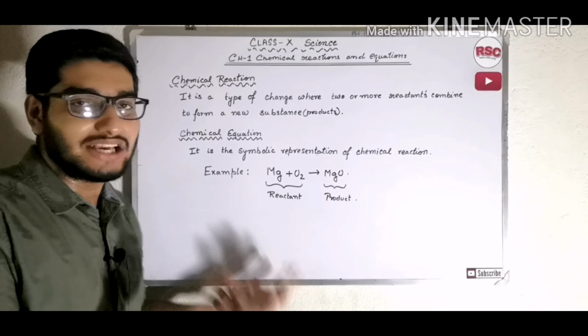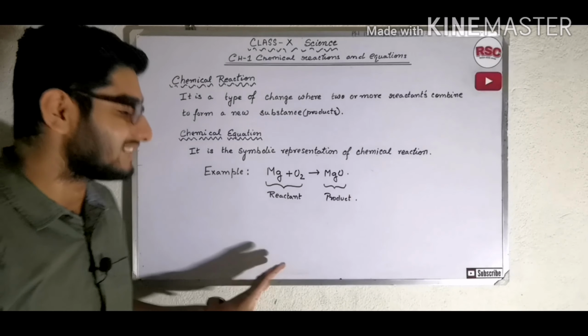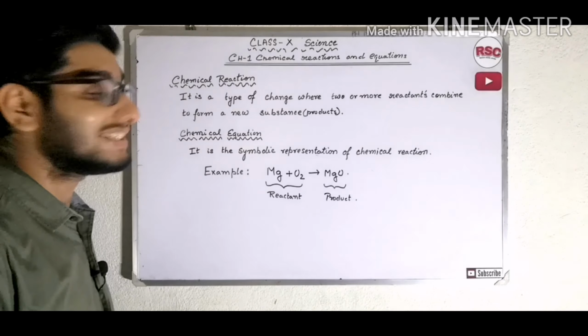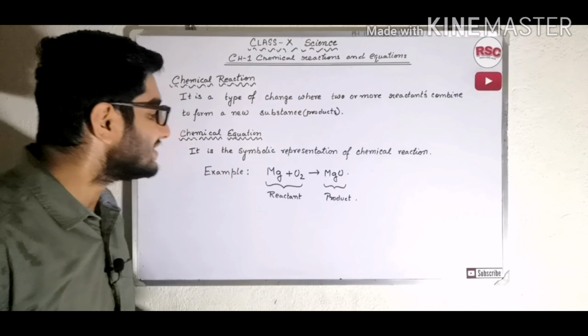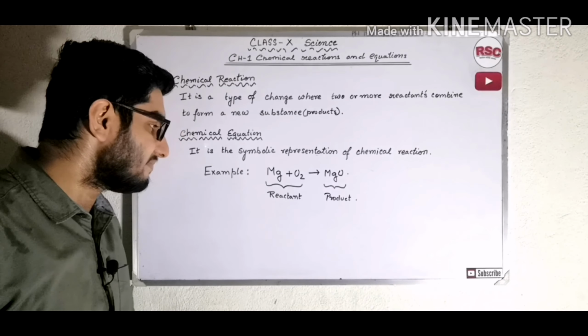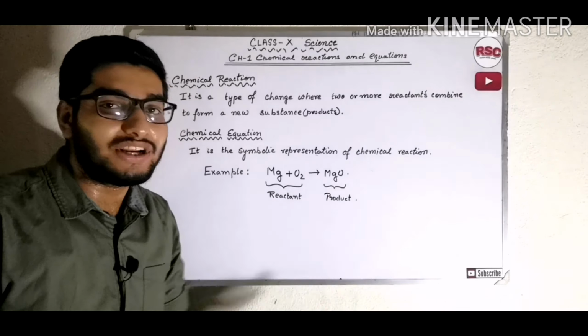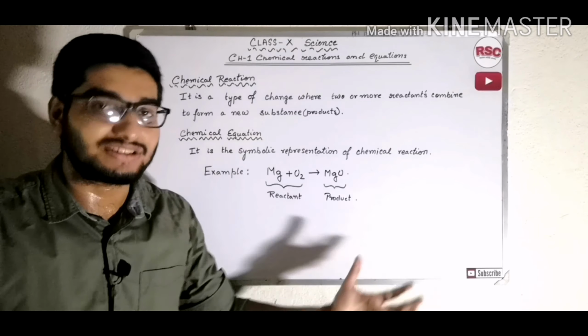If you want to understand what a chemical equation and a chemical reaction are, I will tell you an example. See over here, this is Mg, that is magnesium, and O2, that is oxygen. They combine to form a new substance, that is magnesium oxide.